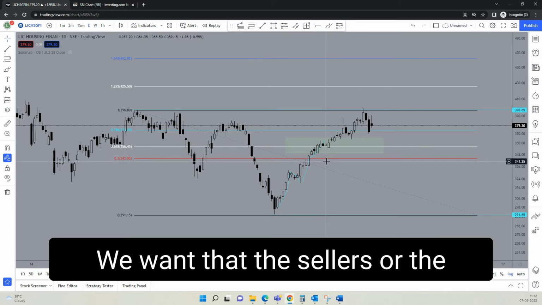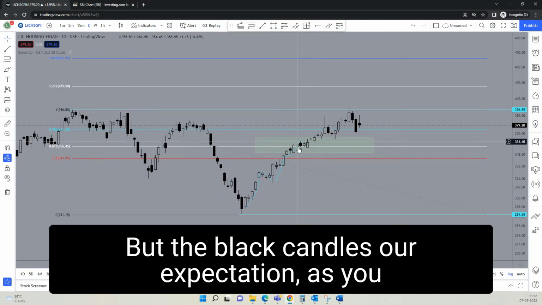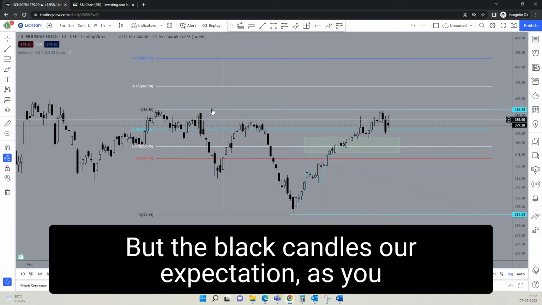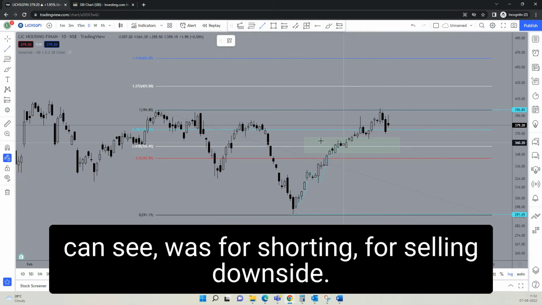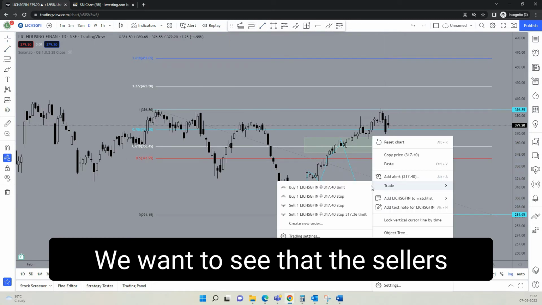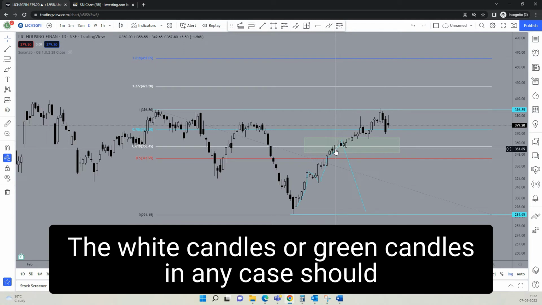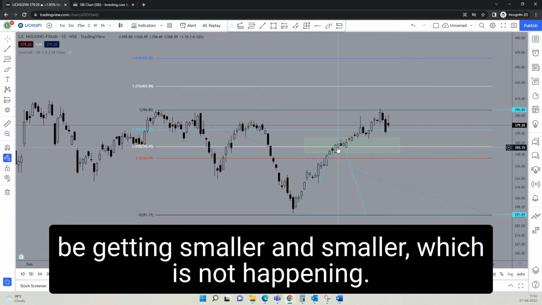We want the sellers, or the black candles, to be very strong. Our expectation was for shorting, for selling downside. Now, what do we want for shorting? We want to see the sellers getting strong over here, and the white or green candles getting smaller and smaller, which is not happening.